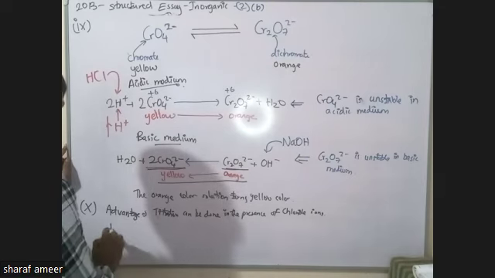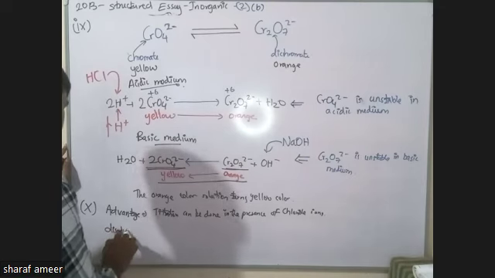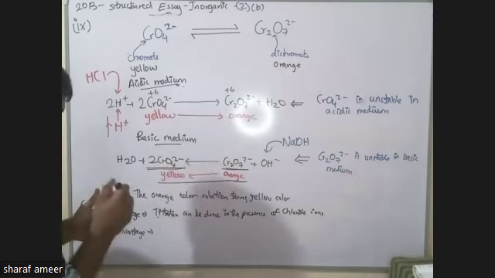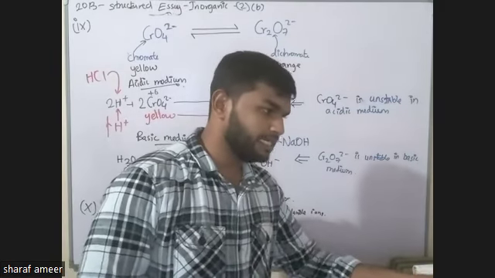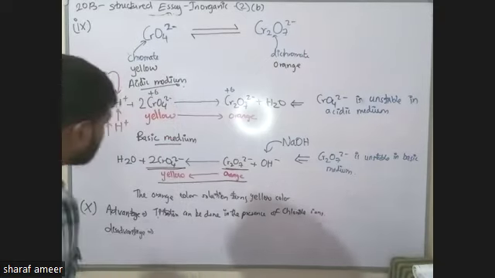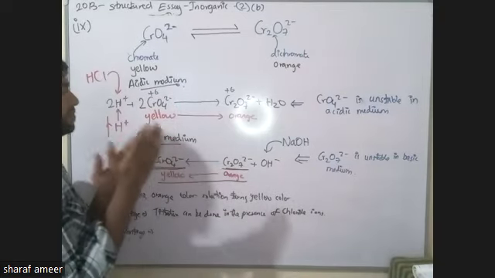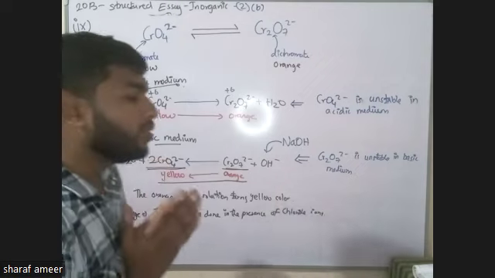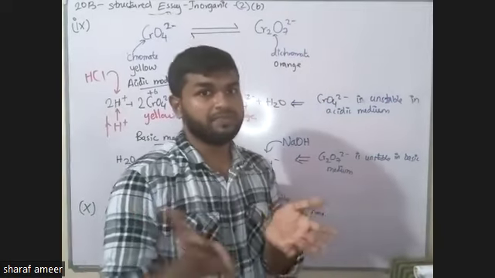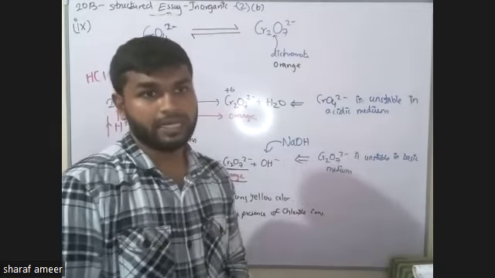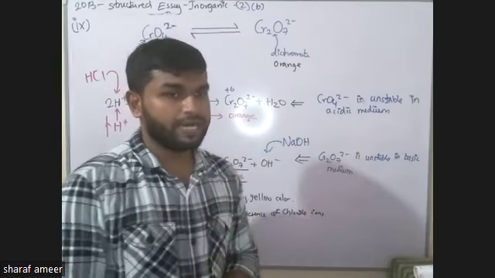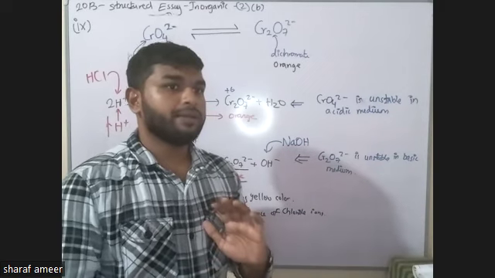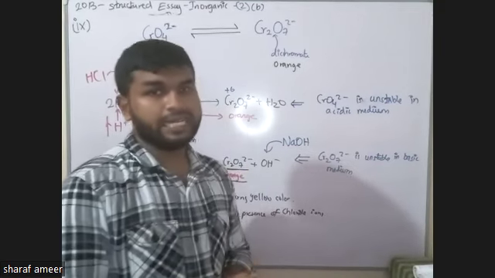Now let's see the disadvantages. What is the disadvantage? I can give a good example. Now see the cases here: acidic medium and basic medium. Let's say we are going to do this particular process in basic medium. We're going to use potassium dichromate with one more reducing agent to do a titration.